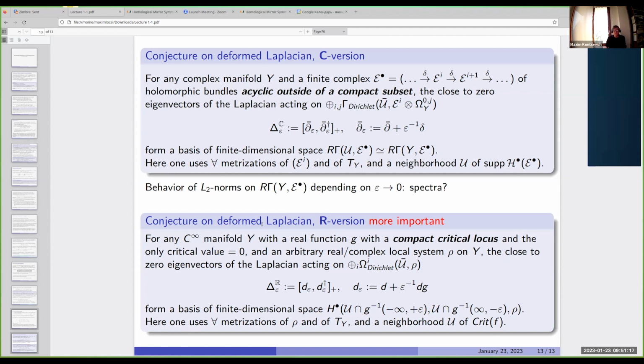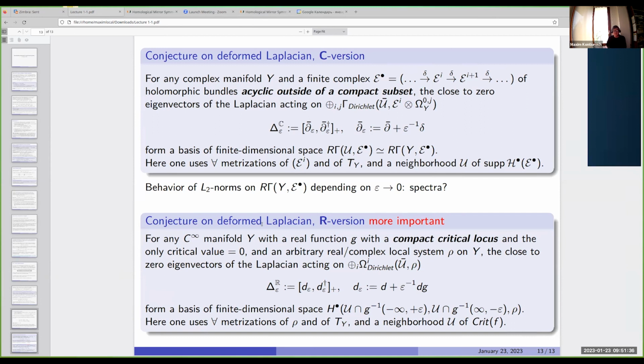The intuition is the following: when we consider this Laplacian, one can see that it is very, very positive, getting something like epsilon to the minus 2 times the square of the norm of delta, outside of the support of cohomology.